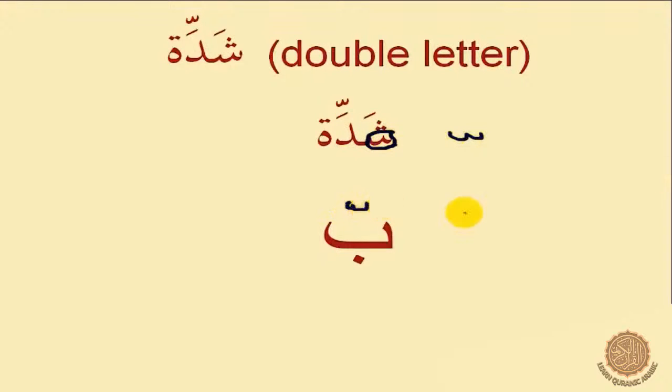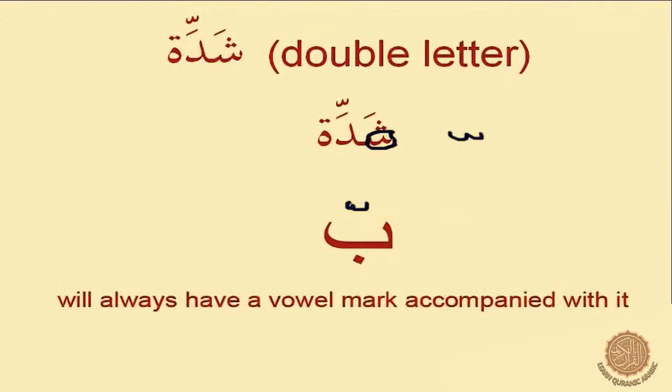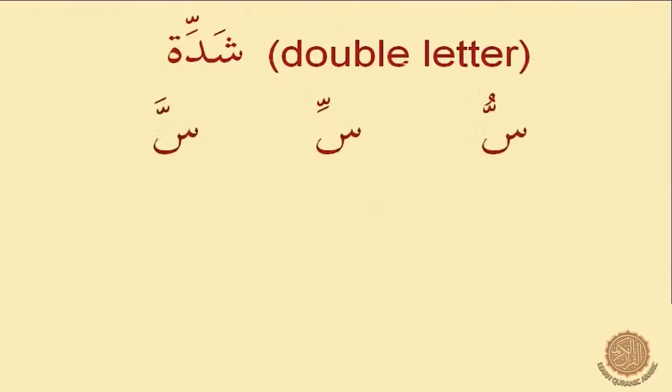That's it there. Now, a point to note is that the Shadda will always have a vowel mark accompanying it. Either the Fatha, the Damma, or the Kasra. So, for example, we have here three seens with a Shadda and the three different harakat.